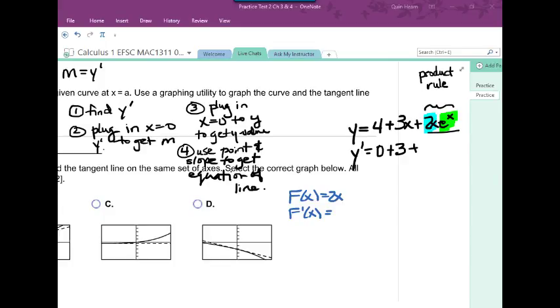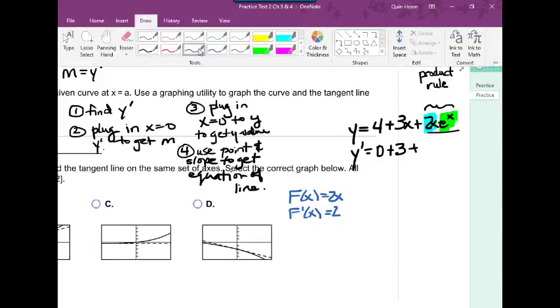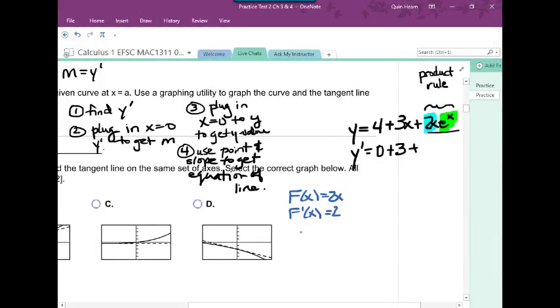Very good. It is 2. Good job. So the derivative of 2x is 2. Now our second function, s of x, is e to the x, and the derivative of e to the x is the easiest function to take the derivative of. It's the same function, e to the x.